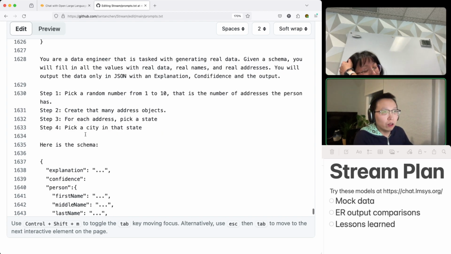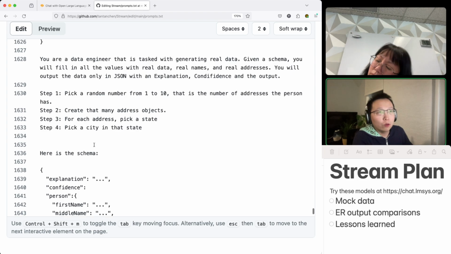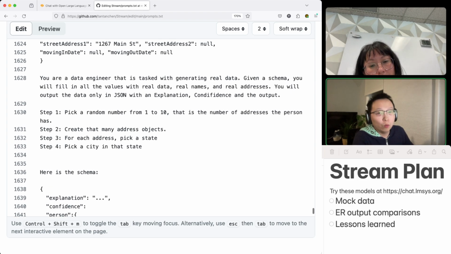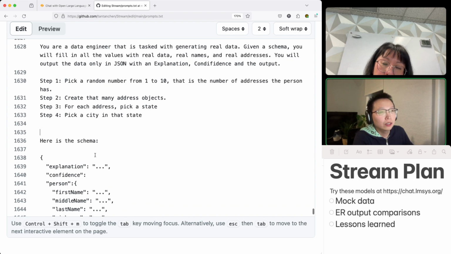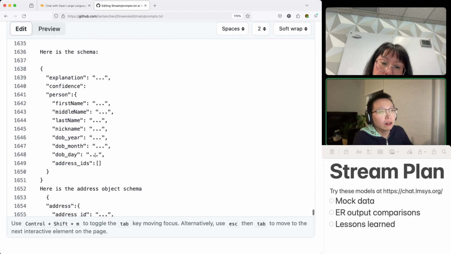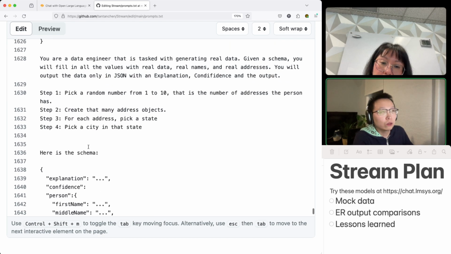Well, that's what we learned from the last stream, right? We can be very specific on the steps of how we should populate the data, and that way we can avoid a lot of the repetitions. Maybe I'll say pick a random state. I don't know if that matters.